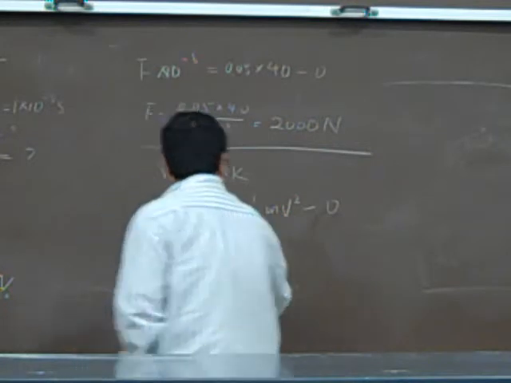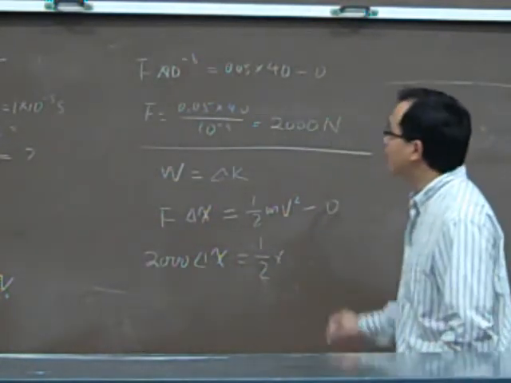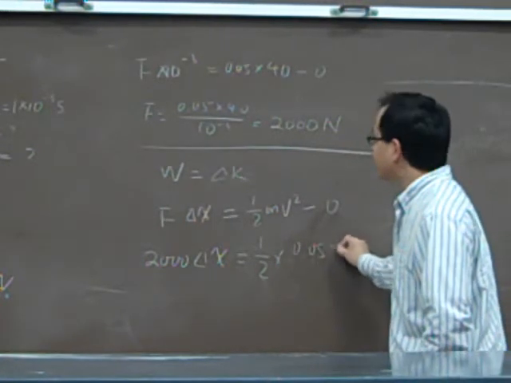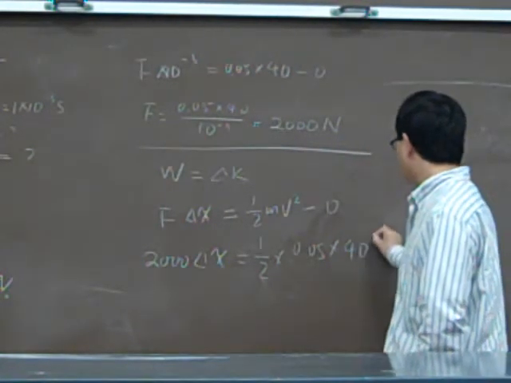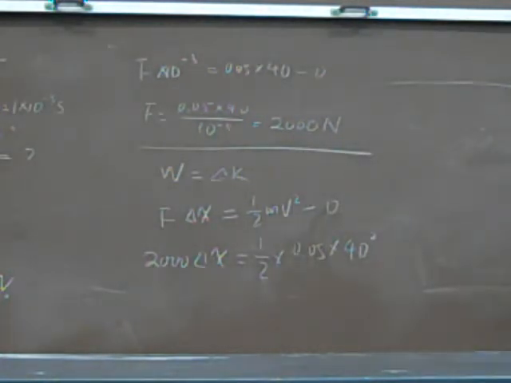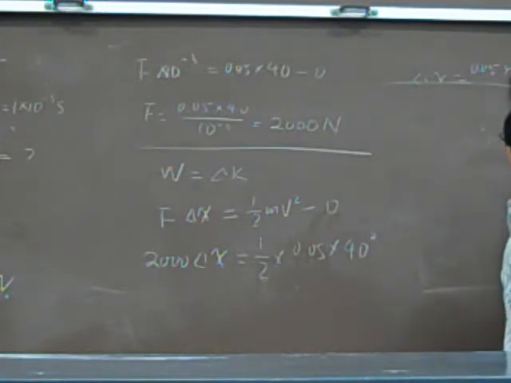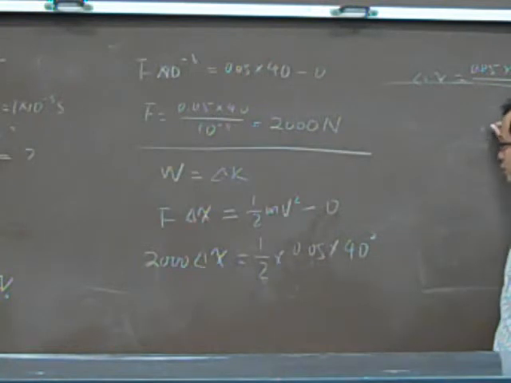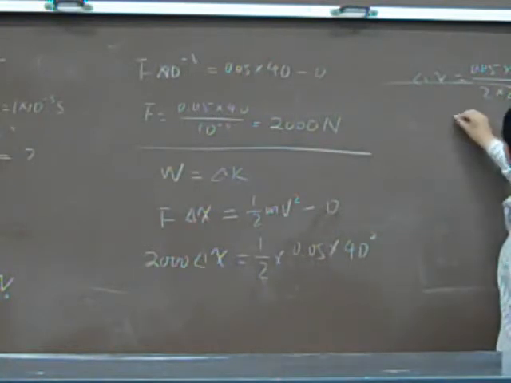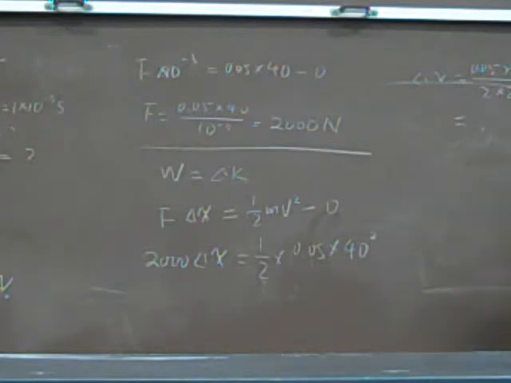So of course, then you get 2000 multiplied by delta x equals 1/2 multiplied by 0.05 multiplied by the final velocity squared, 40 squared. So delta x equals 0.05 multiplied by 1600 divided by 2 divided by 2000, which equals 0.02 meter.